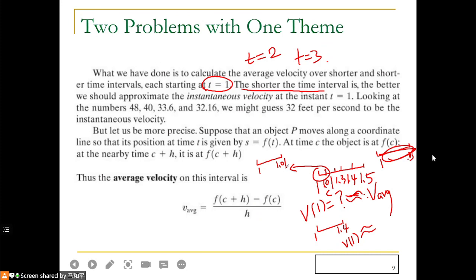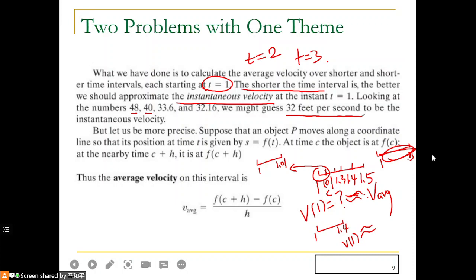Then the shorter the time interval is, the better we approximate the instantaneous velocity at the instant t is 1. So we are looking at the numbers 48, 40, 33.6, and we might guess 32 feet per second to be the instantaneous velocity.